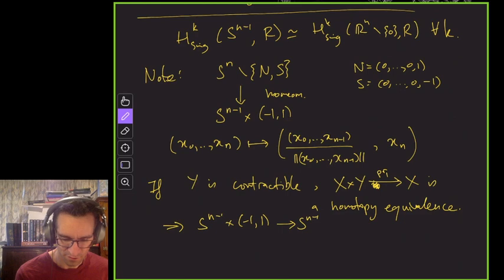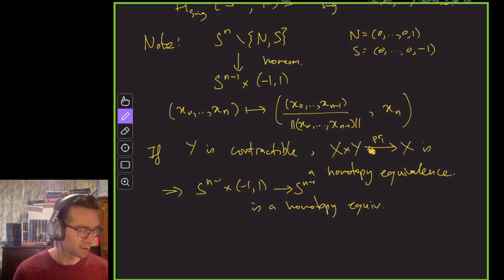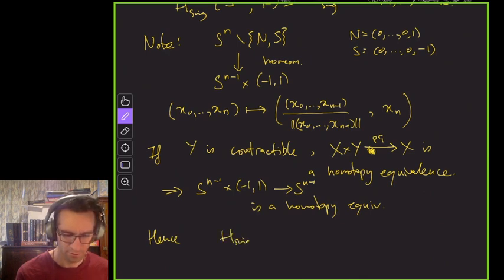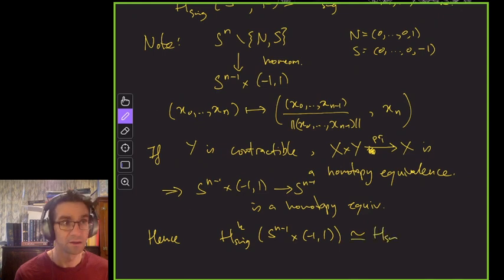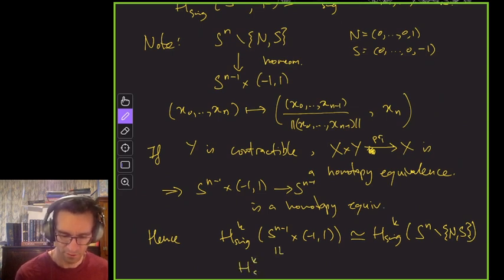The projection map to S^(n-1) is a homotopy equivalence. So we get that the singular cohomology of S^(n-1) times (-1, 1) is isomorphic to the singular cohomology of S^n minus the 2 points, which is also isomorphic to the singular cohomology of S^(n-1).